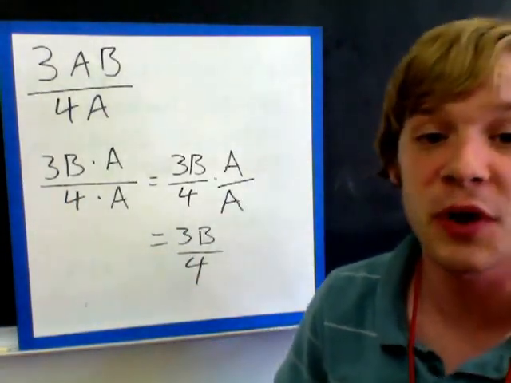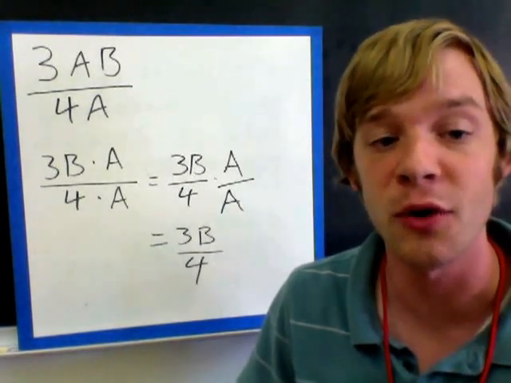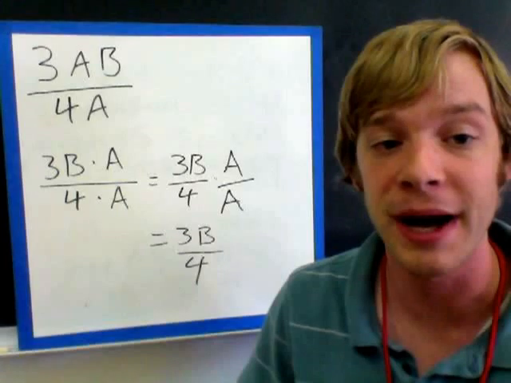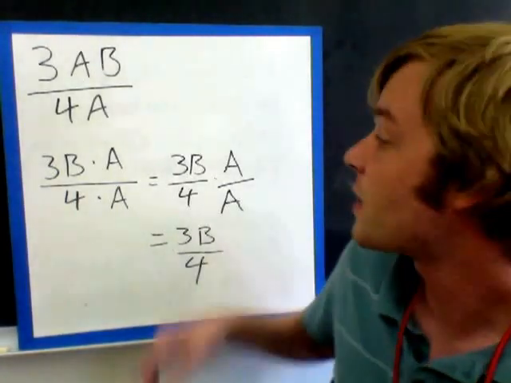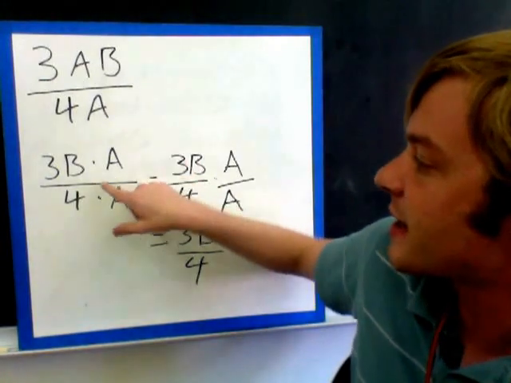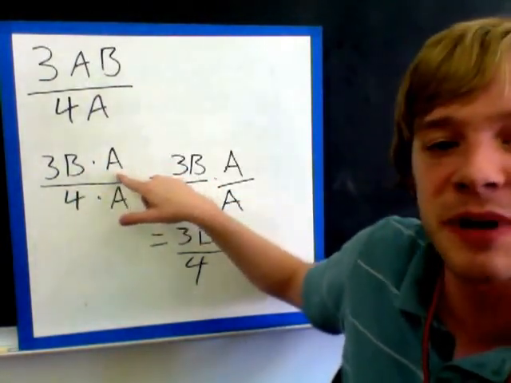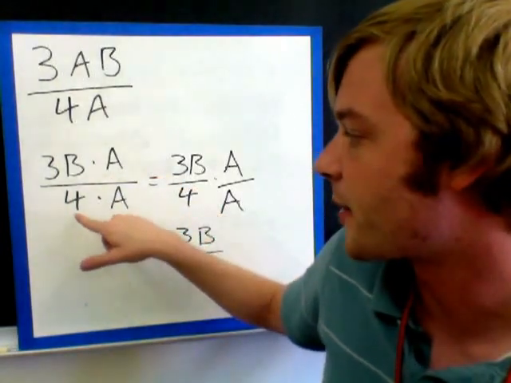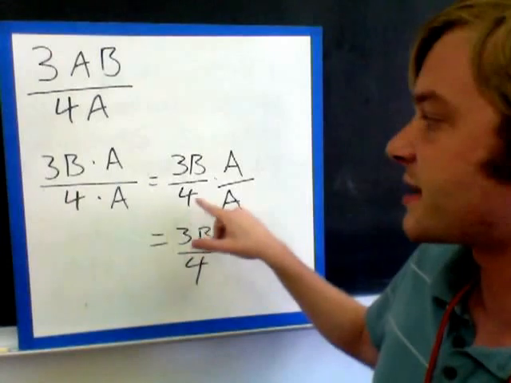With variables, we follow the same rules. So if I have 3ab over 4a, I can simplify this the same way that I simplified the last problem. So I'm just going to take the a's off to the side here. So I have 3b times a, and I have 4 times a in the denominator. Well, I can write this as 2 fractions.